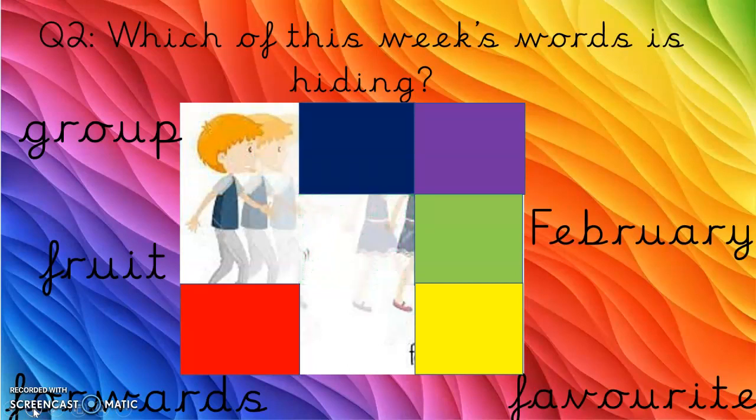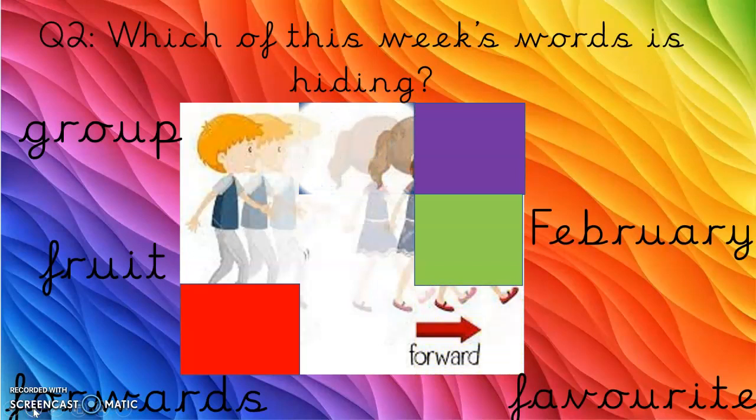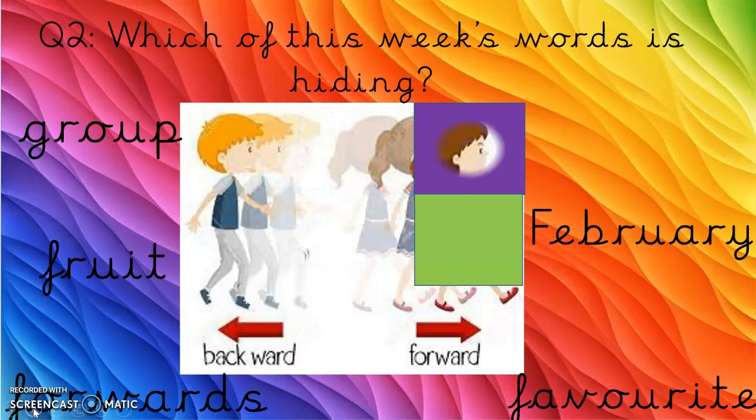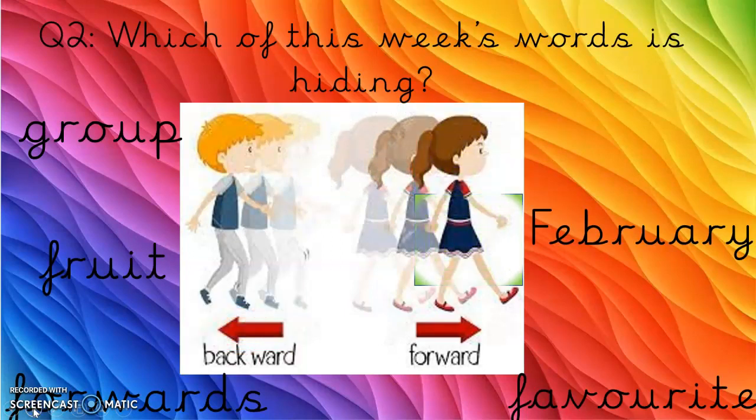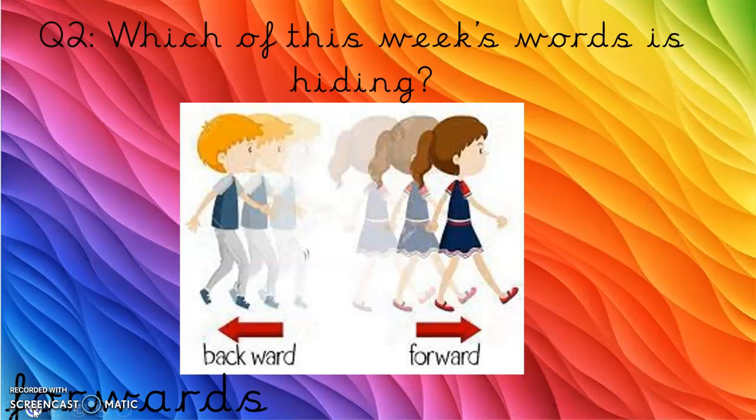Will the middle solve the riddle? Still not sure. Do you know? Big clue. That's right. The people are moving forwards. So it was forwards. Well done if you got it right.